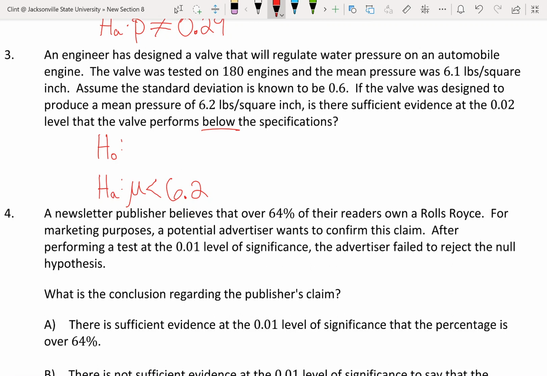So then our null hypothesis would be mu equals 6.2. Questions on those? We're just focusing on getting the hypotheses. They're not too bad once you get the hang of them.